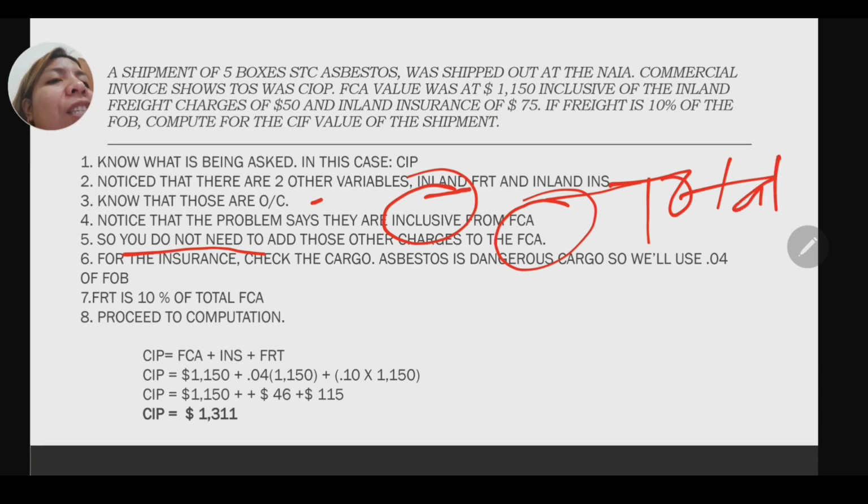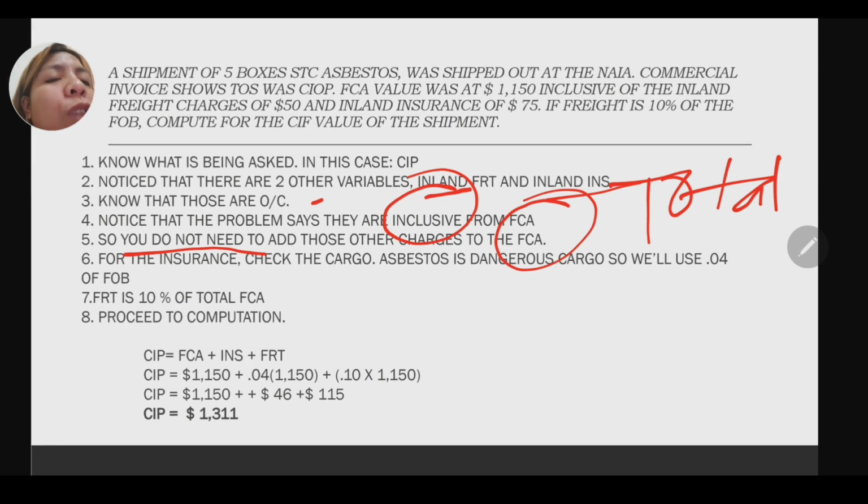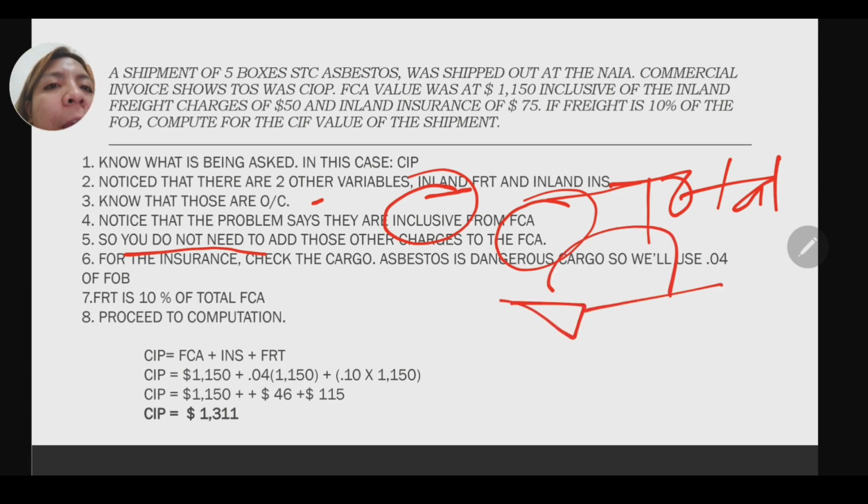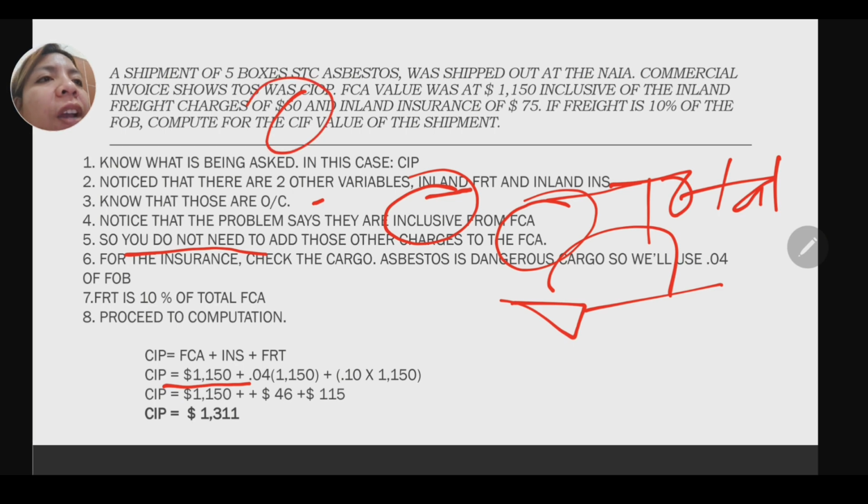Your total FCA in this problem is 1,150, and you just need to ignore the $75 and the $50 as other charges.